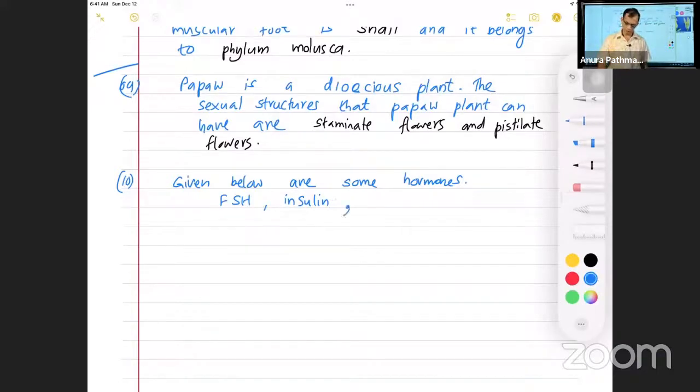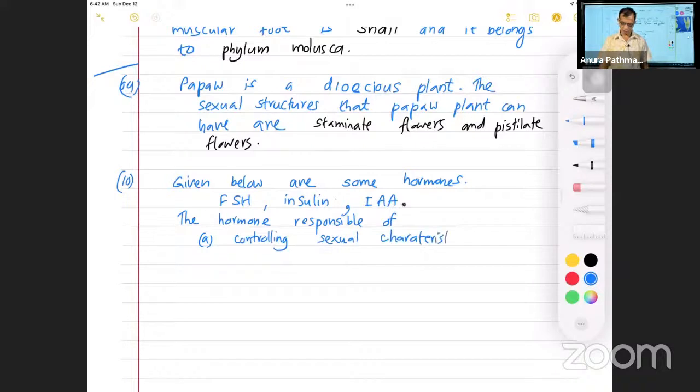FSH, insulin, IAA. The hormone responsible for A, controlling sexual characteristics of the female body.